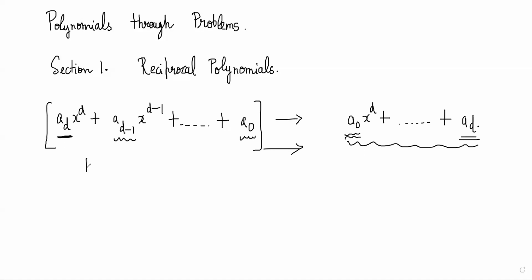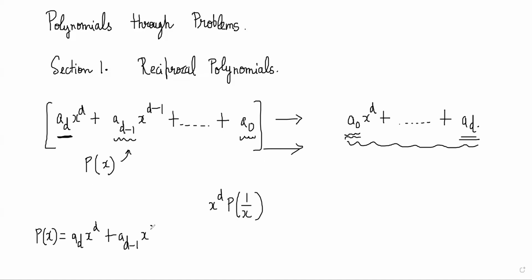So how do we do this transformation? How do we go from p of x, which was equal to this polynomial? We just have to calculate x power d p of 1 by x. So think about it. If p of x is equal to a_d x power d plus a_(d-1) x power d minus 1 till a naught, what is the value of p of 1 by x?